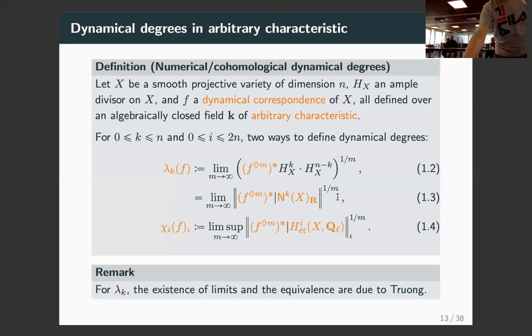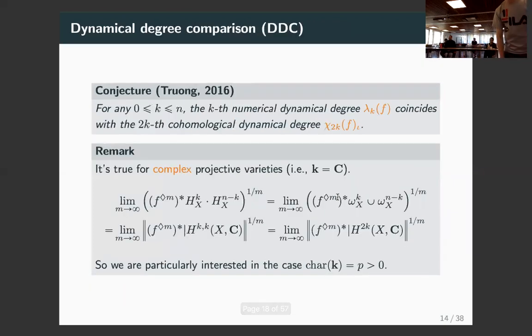Okay, so our question is, are they the same? This is a question asked by Truong in 2016. For any k, does the k-th numerical dynamic degree coincide with the 2k-th cohomological dynamic degree, chi_2k(f, iota)?